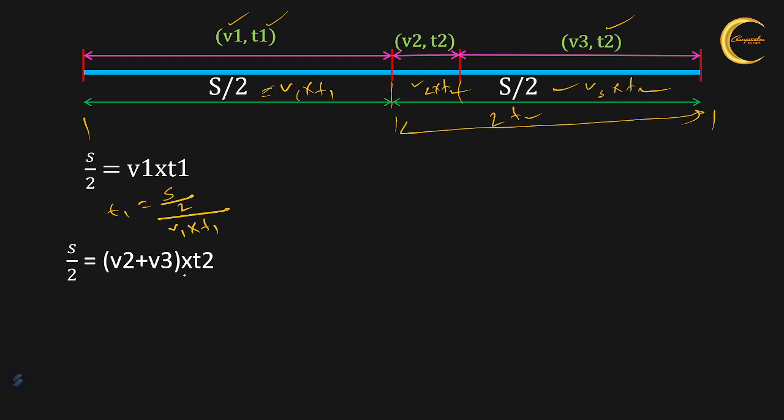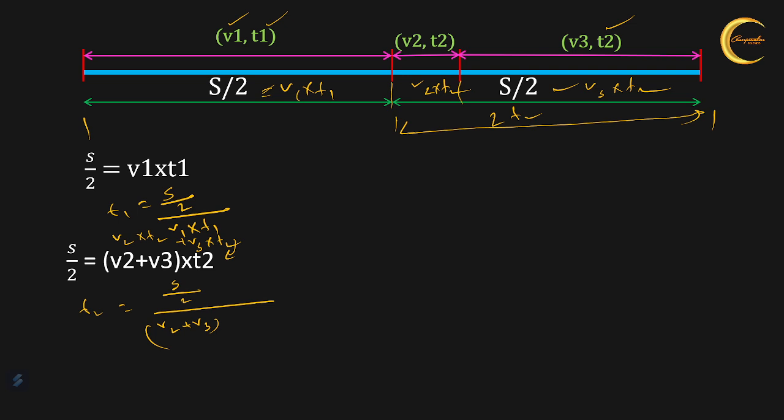Why have I written this? Because this is v2 into t2 and that is v3 into t2, so it is v2 into t2 plus v3 into t2. From this equation we can write v2 plus v3 in brackets into t2. Now we can easily find t2 equals s by 2 divided by v2 plus v3.